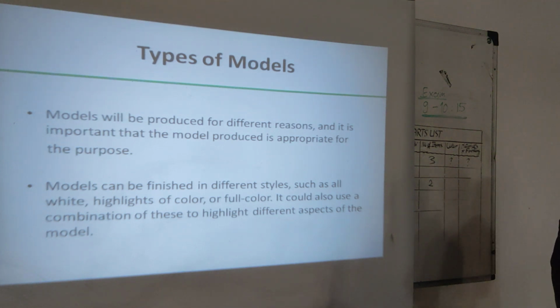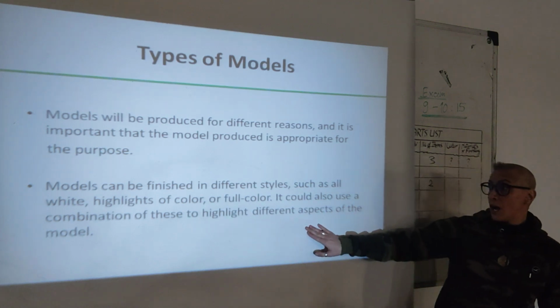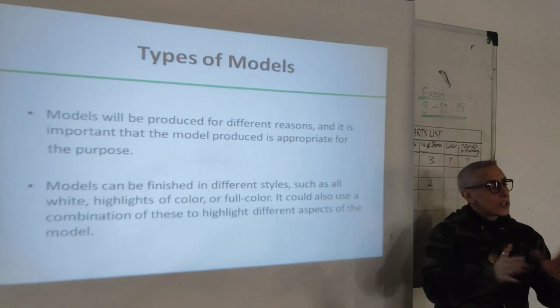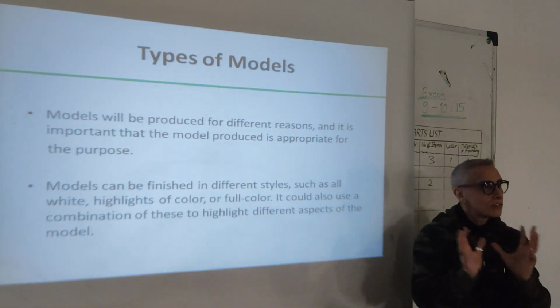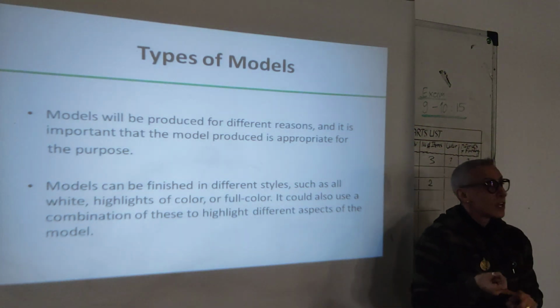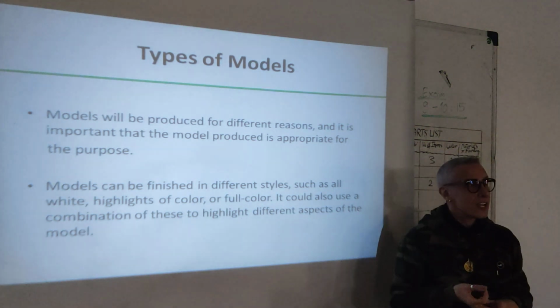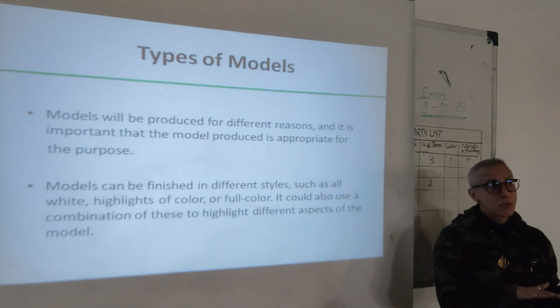Okay? So these are highlighted areas. Or the model can be fully colored, representing the real designed object. Okay? But this takes more time, more effort, more money. So sometimes you need to decide, do I need it or I don't need it?